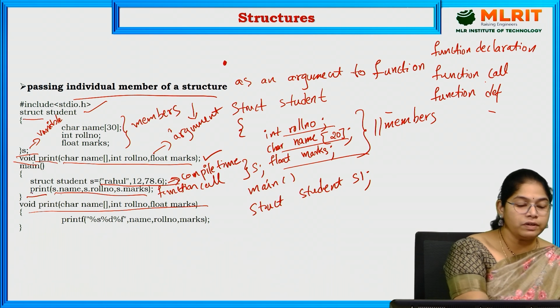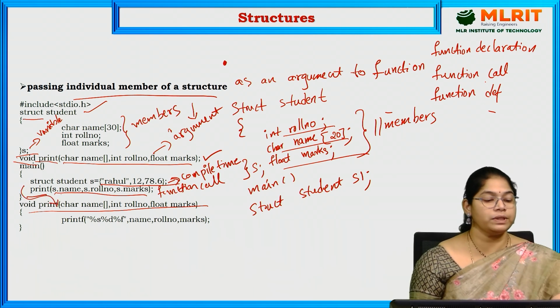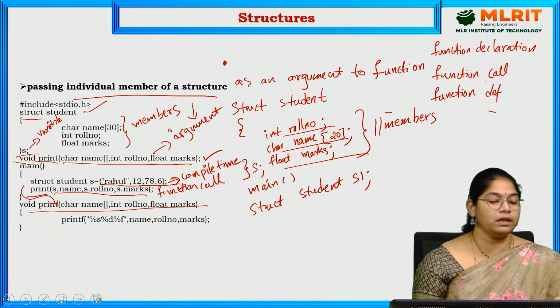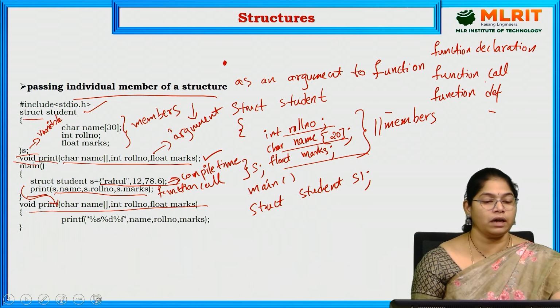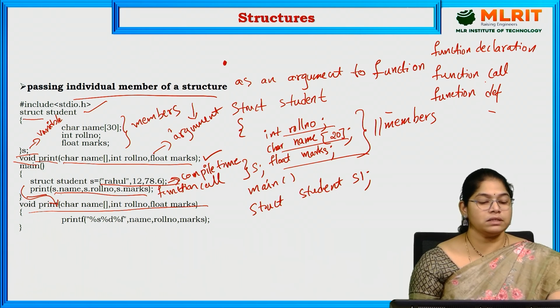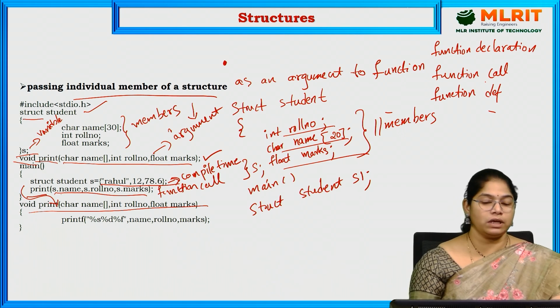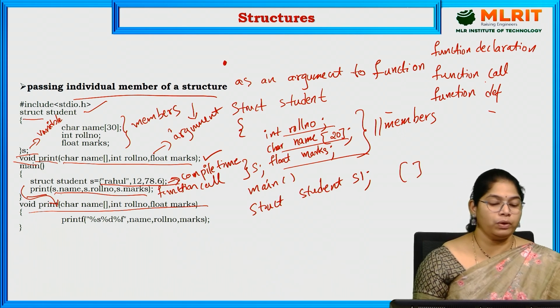When we call the function, the control goes to the function definition. Definition should match with the declaration. So here the return type is void, function name is print, then the arguments. Here I am passing individual members of the structure as arguments. So the members are char name, which is a character array, so I have used an array. Then int roll number, float marks.